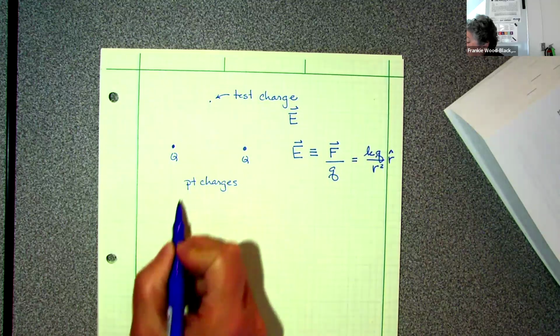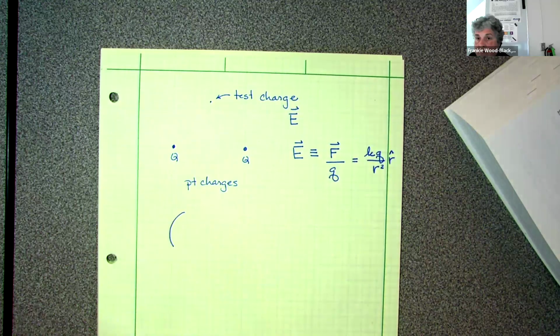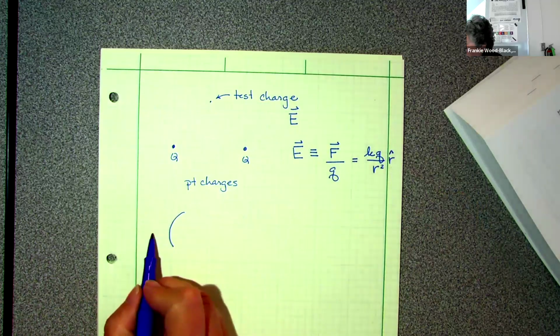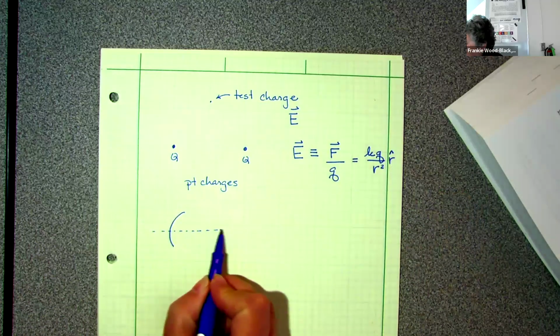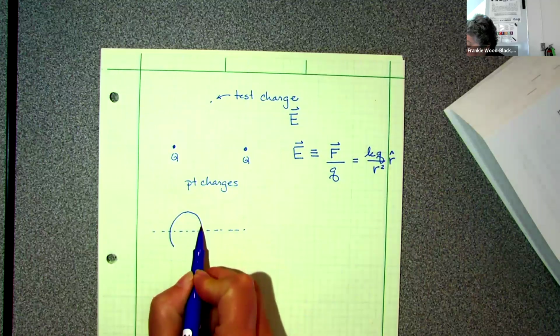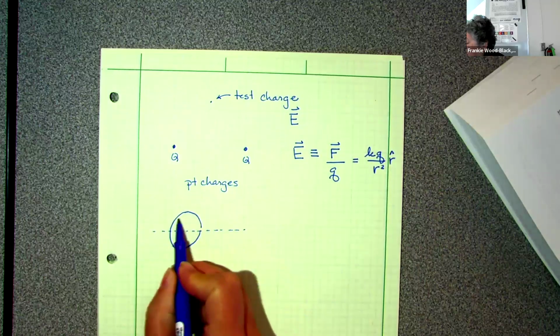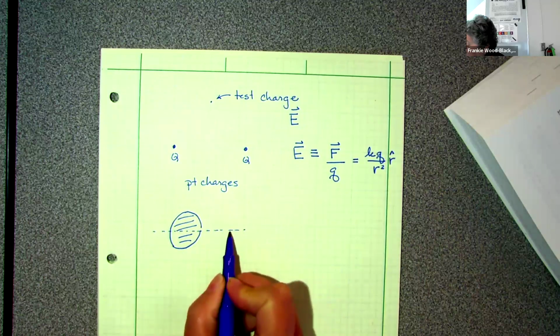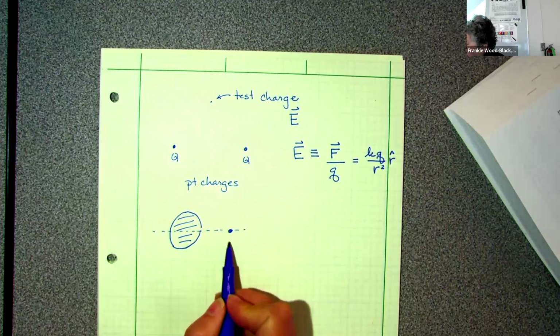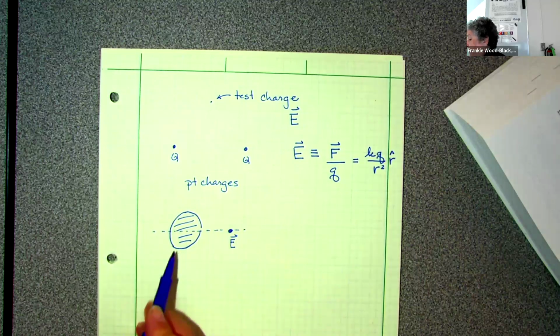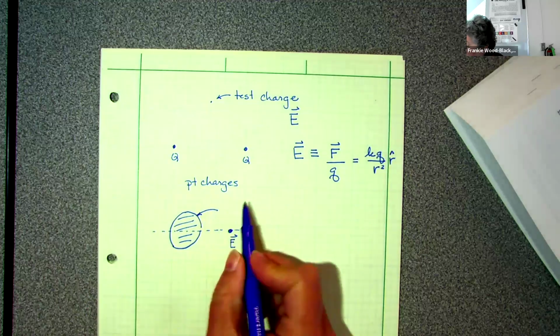But then we said, well, wait a second, we could do this as distributions of charges. So I could look at a disk and look at an electric field at that point where this was a distribution of charges.